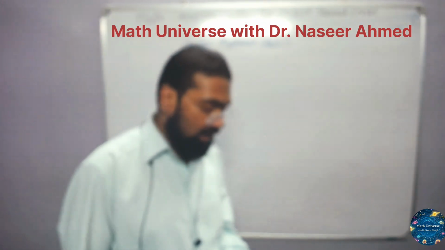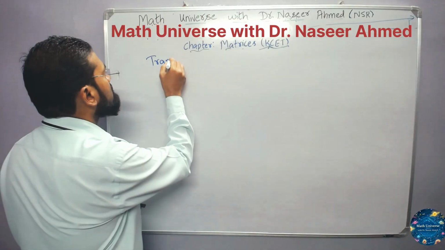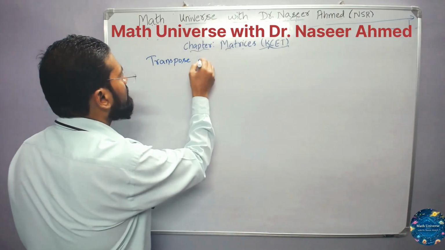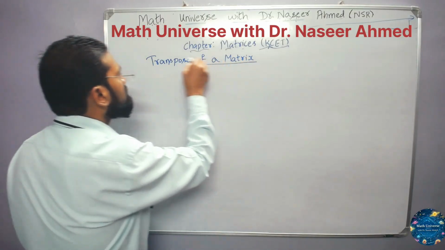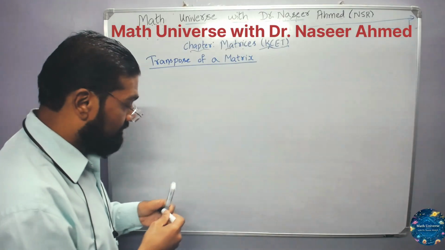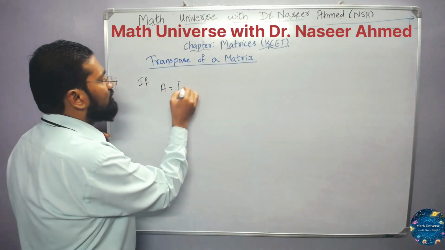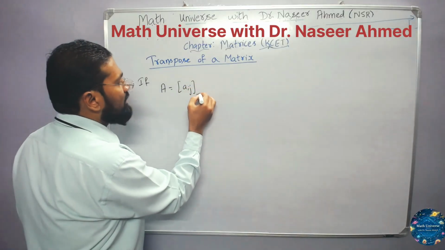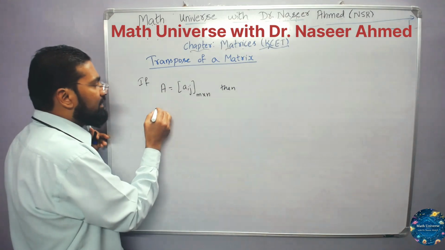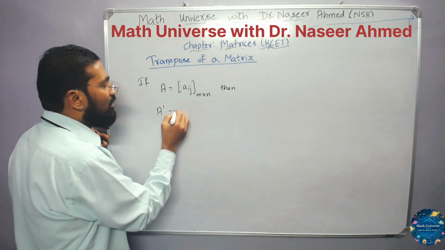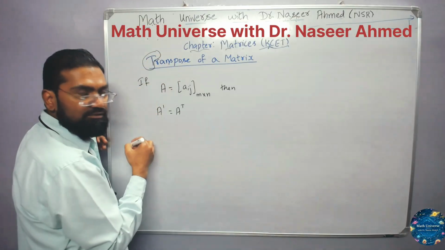Dear students, now let us move on to transpose of a matrix. If a matrix is given to you, say a general matrix A equal to a ij, where the number of rows is m and the number of columns is n, then the transpose of the matrix A is denoted by either A dash or A T. T is the first letter of the word transpose.